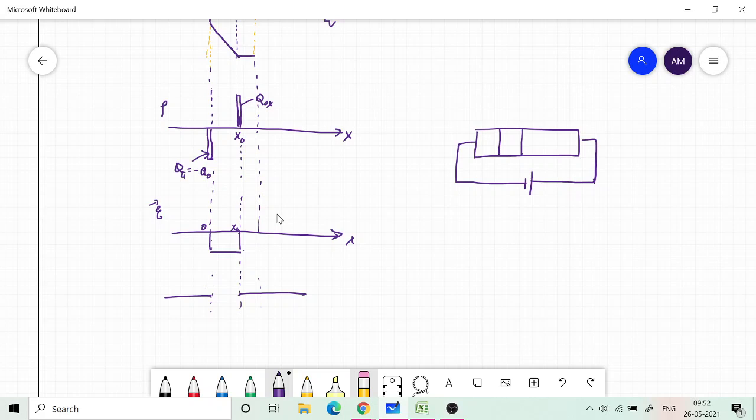Okay, but this is my reference point, ground point. So at this point I have 0 volt. Okay, but on the other side I have a negative voltage. So this is going to be my negative voltage. So this is my psi. So that is going to be how much?